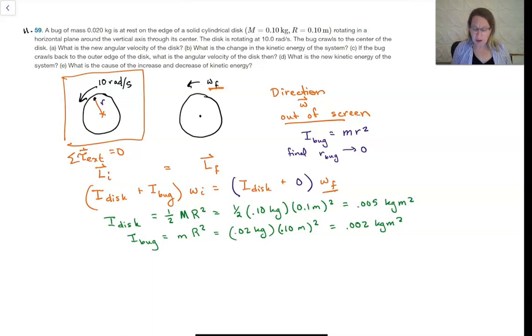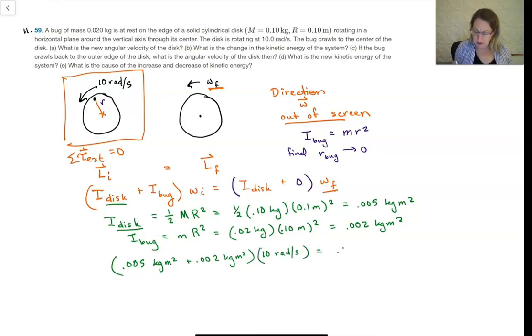That's really all the information we need. We can just plug everything in. So I've got 0.005 kilogram meters squared plus 0.002 kilogram meters squared, times my initial omega, which was 10 radians per second, must be equal to, in the end, 0.005 kilogram meters squared times my final omega.